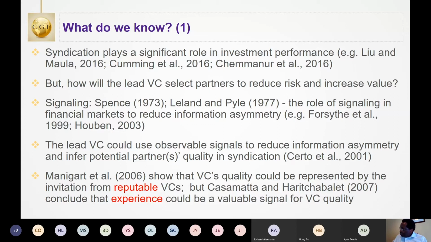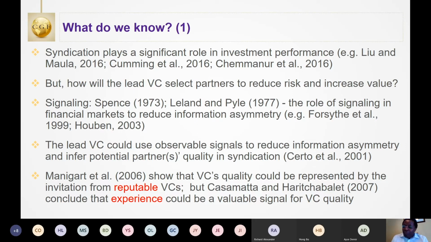But it has also been shown by some of the new work that the quality of the venture capital firm is mainly revolving around the reputation of the VCs.